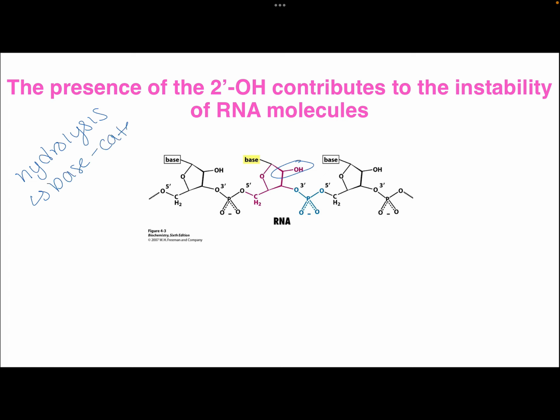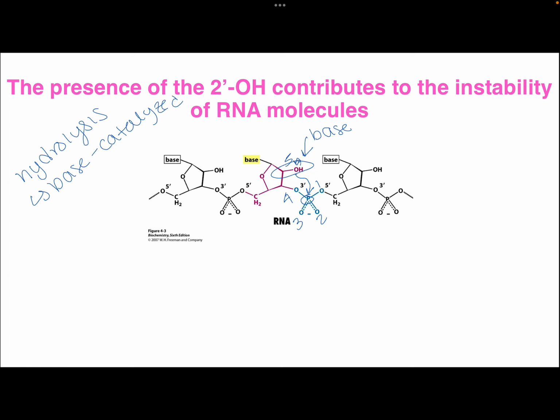So what can happen is that a base can come and deprotonate that hydroxyl group, creating an oxyanion, a negatively charged oxygen, which can act as a nucleophile and attack this phosphorus atom in our phosphate, resulting in, at one point, this intermediate where our phosphate is bound to all 5 of these oxygen atoms.